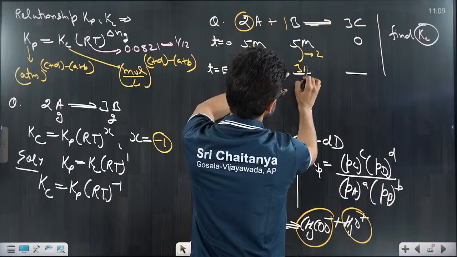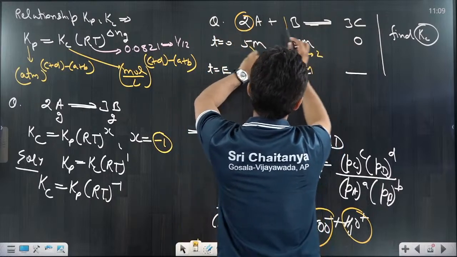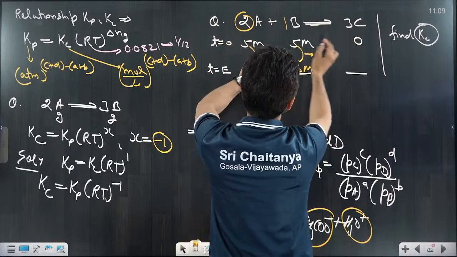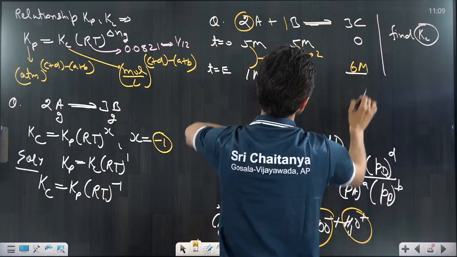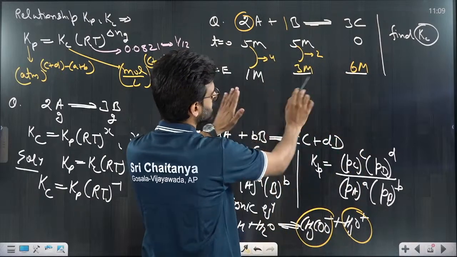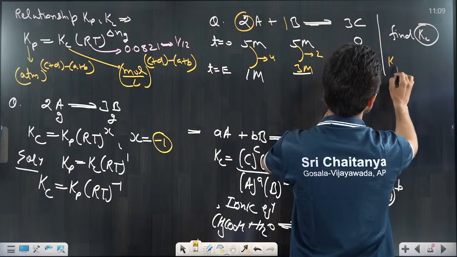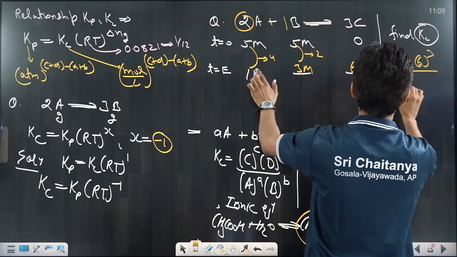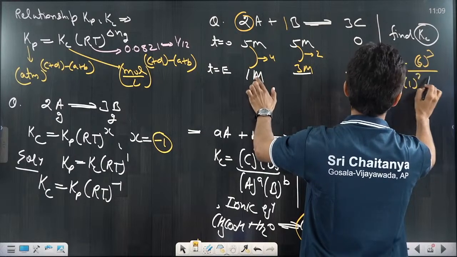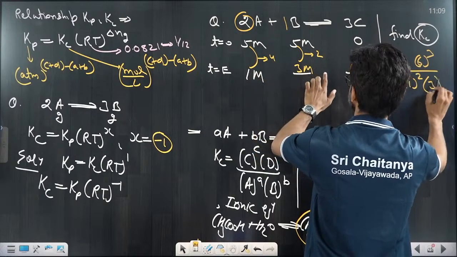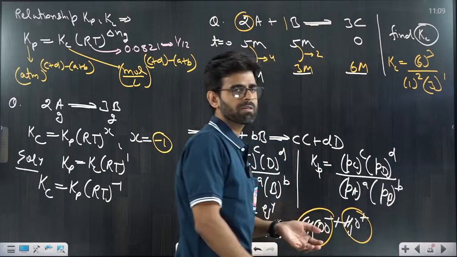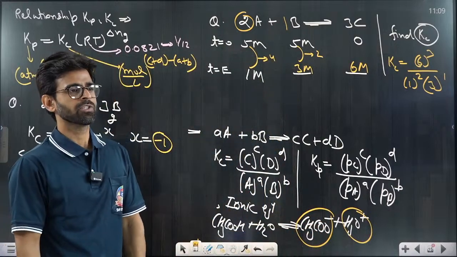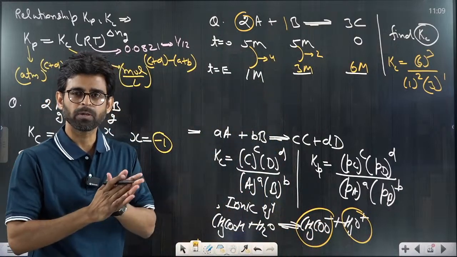So how much remaining? 3. 2 makes 3. So 4 makes how much? 6. Right? So now I have the concentration of everything. So we can see the Kc. What is coming Kc? 6 power 3 divided by 1 power 2 and 3 power 1. So simply we can find our question. Yes everyone, got the point?